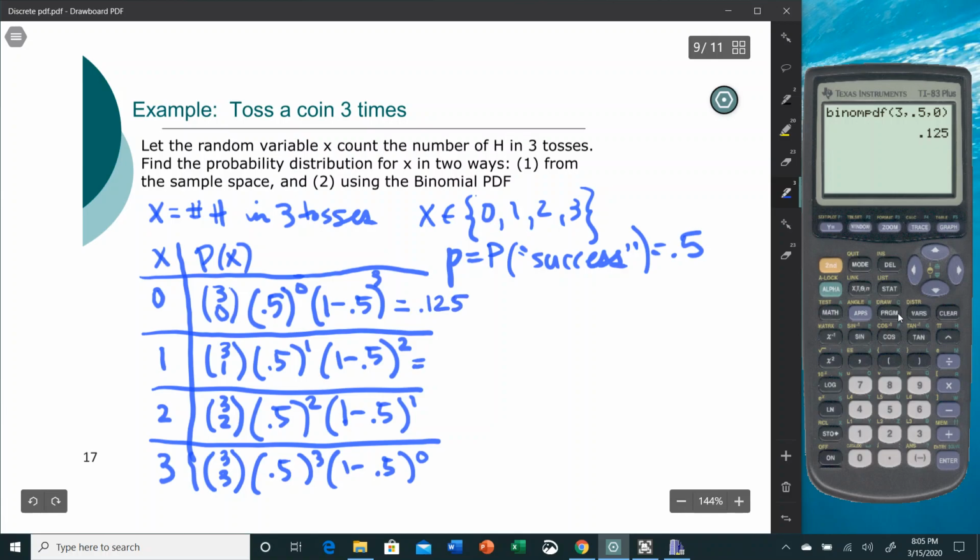And if we do the binomial PDF again, there are 3 trials. The probability of success in one trial is 0.5. But now we're interested in the probability x is equal to 1. Then we get 0.375.